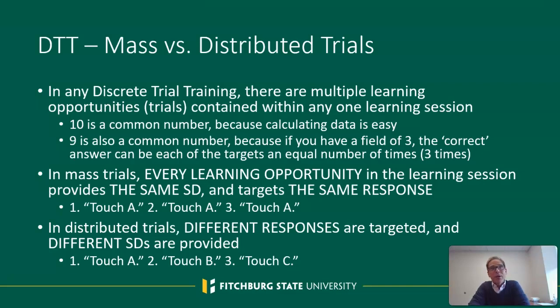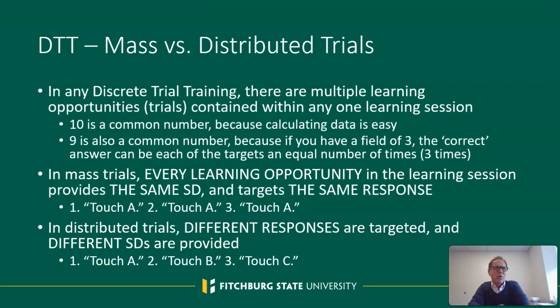It tends to be a relatively low number just because it requires a decent amount of stamina and it's pretty fast-paced. That being said, 10 is a pretty common number, and that's because calculating data is pretty easy. If you've got 10 trials and you've got 8 out of 10 correct, you know you've got 80%. It's relatively easy to do that calculation.